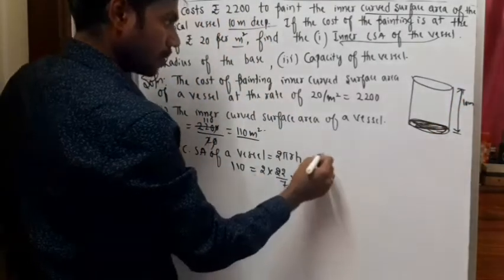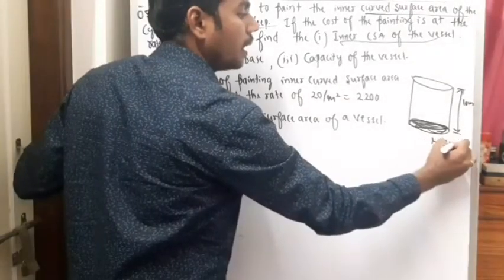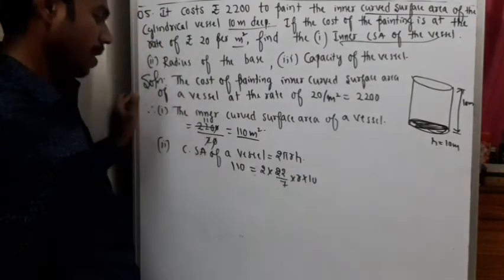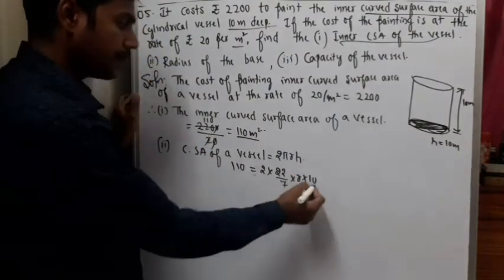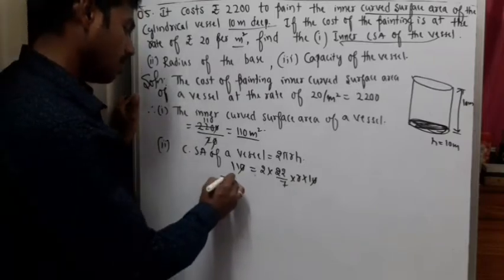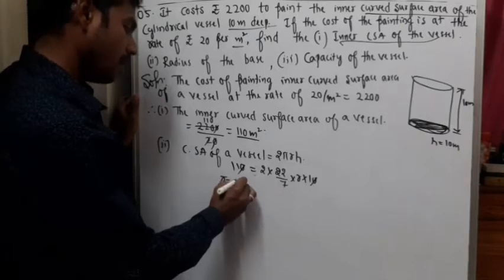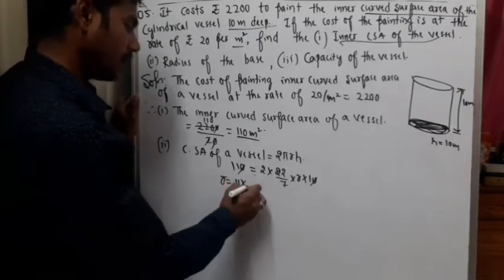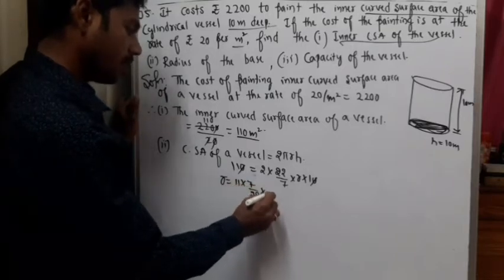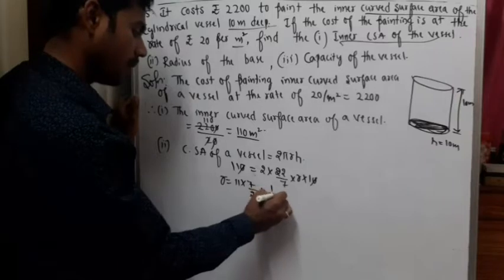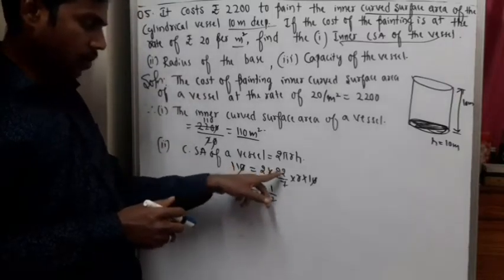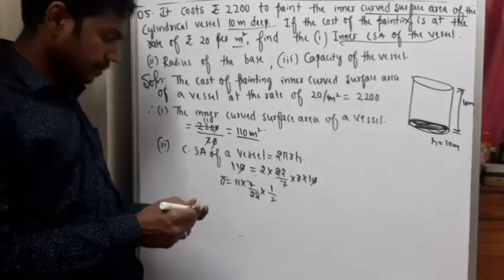So h is equal to 10 meter. Okay. Now what we need to do? This 0 will get cancelled. R is equal to 11 into 7 divided by 22 into 1 by 2. Yes or no? R is equal to 11 into 7. Okay. This 2 into 22 will come in the denominator. Fine.